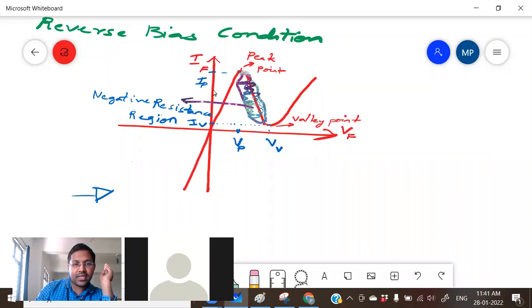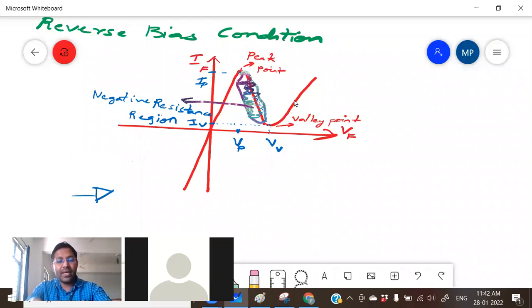For example, when the current is somewhere in the middle of the positive y-axis, the voltage can be less than Vp, greater than Vp, or at this point, greater than Vv. For a given current, you can have 3 voltages.